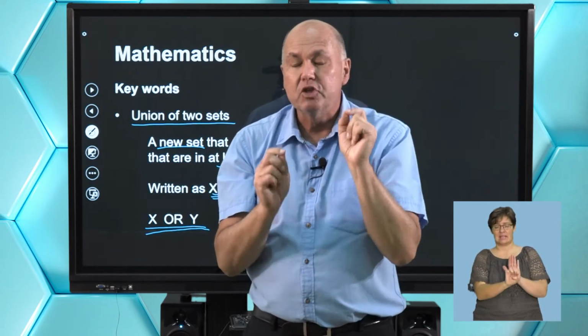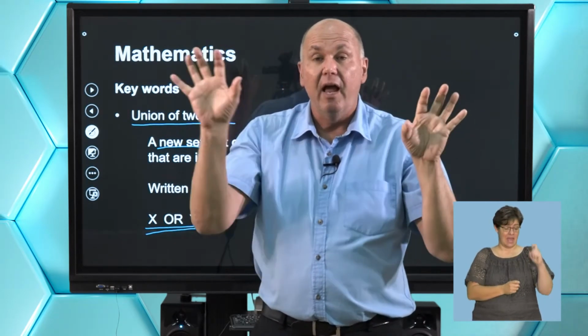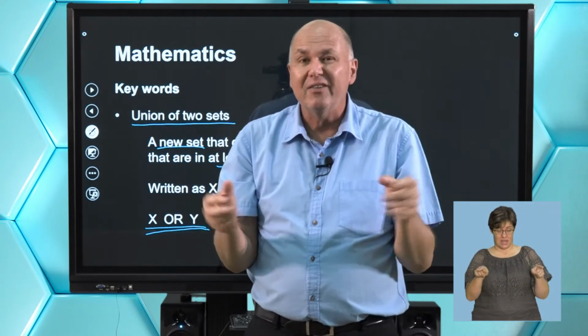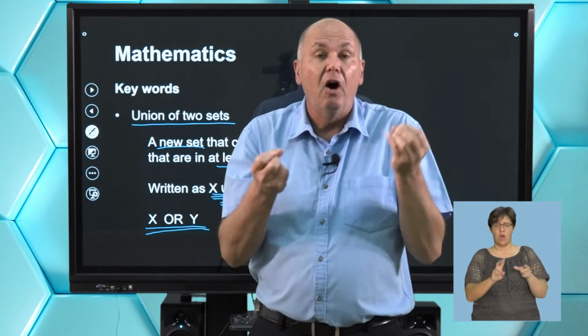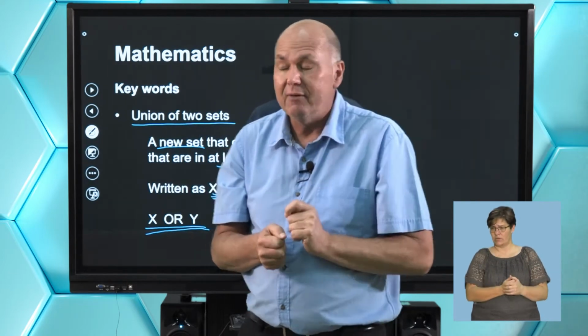Now, in our example, let's just make sure that we've got X and Y, those two Venn diagrams. What would the union of X and Y look like? Well, have a look and see.